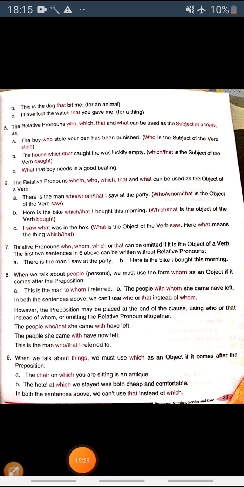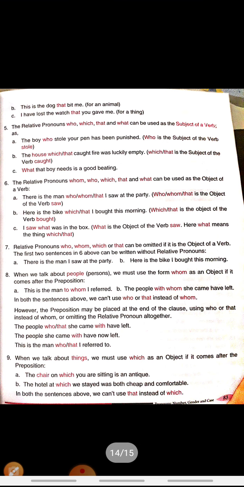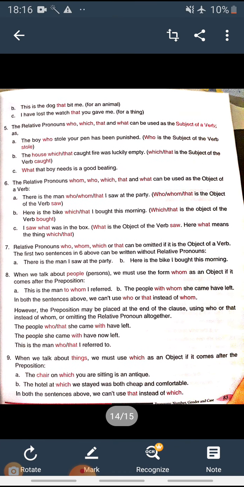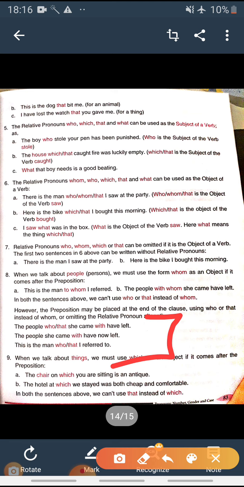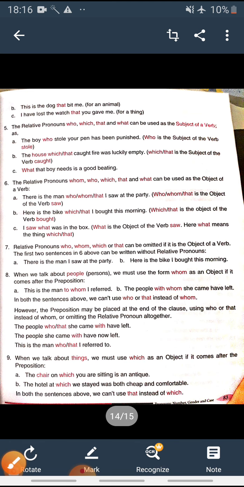The preposition may be placed at the end of the clause, using who or that instead of whom, or omitting the relative pronoun altogether. So these are the three examples we discussed right now.